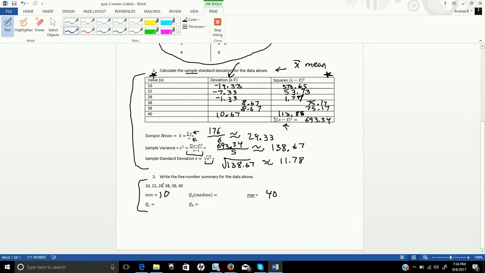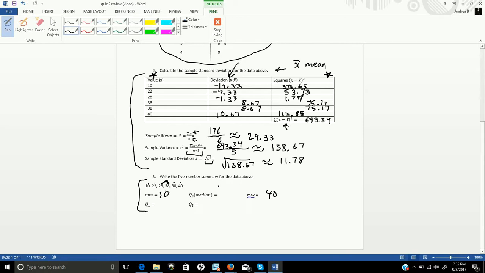We have 28 and 38. If you get two middle numbers, you want to average those. So we're going to need to do 28 plus 38 divided by 2. So for your median, or your Q2 value, you add those up and then divide that answer by 2, and you should get 33 there.